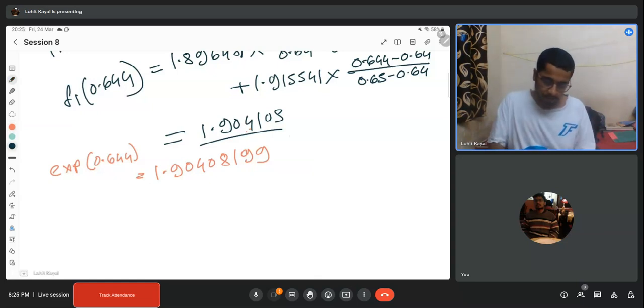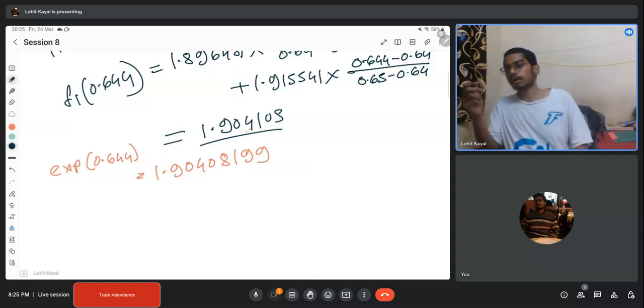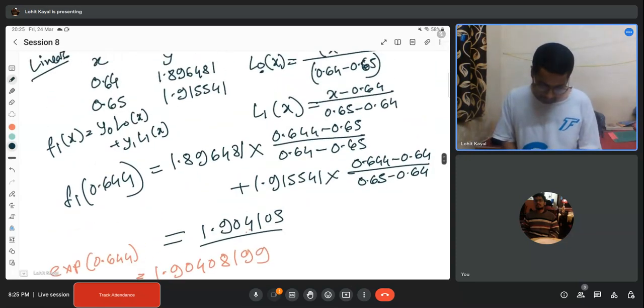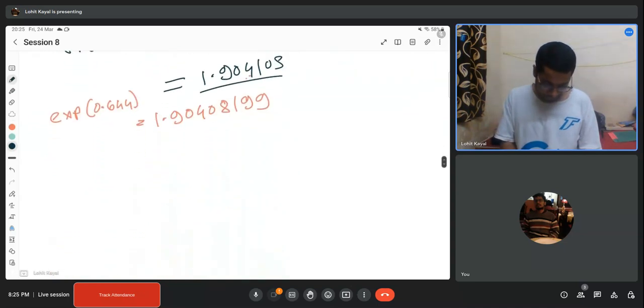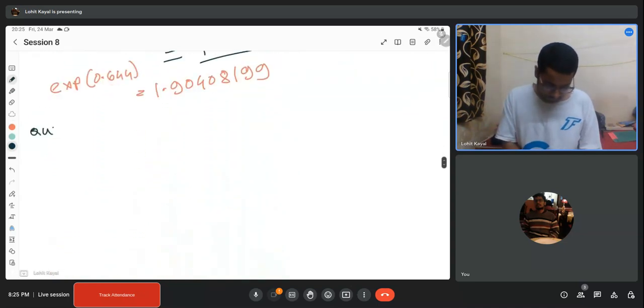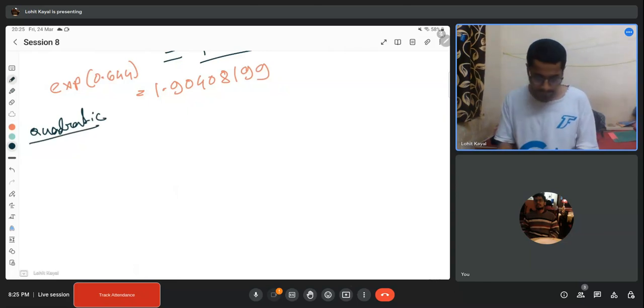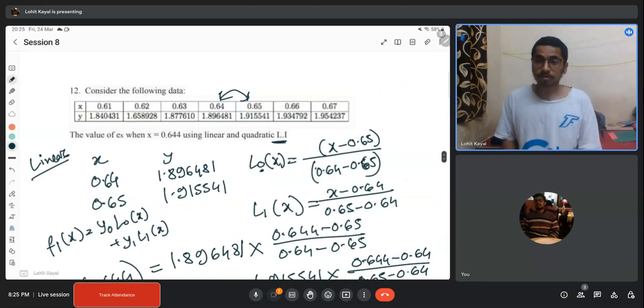Okay, now let's solve it using the quadratic Lagrange interpolation. So here you need to make a choice.